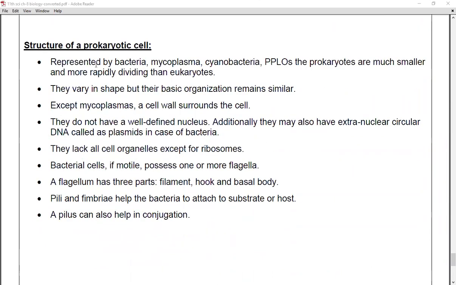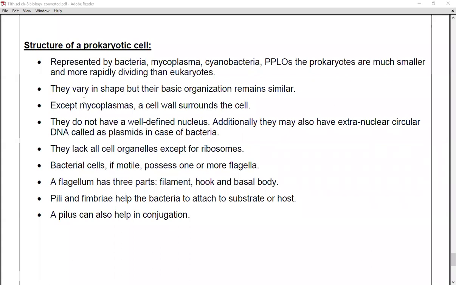So the prokaryotic cell is represented by bacteria, mycoplasma, cyanobacteria, then PPLOs, and the prokaryotes are much smaller and more rapidly dividing than eukaryotes, right? As earlier, in the introductory part, I have told you about this. So bacteria, mycoplasma, cyanobacteria, all these come under the prokaryotic cells.